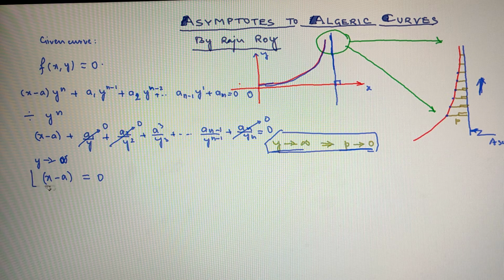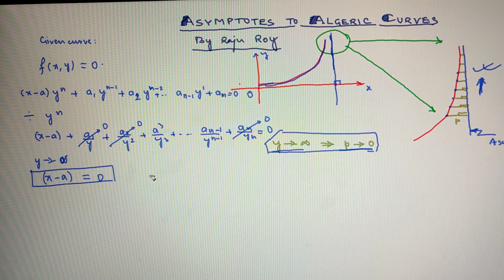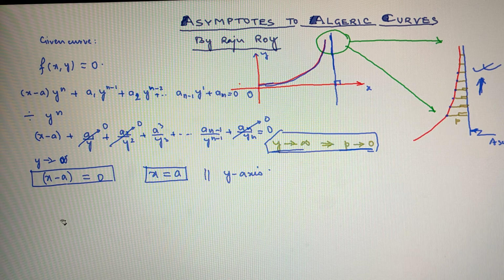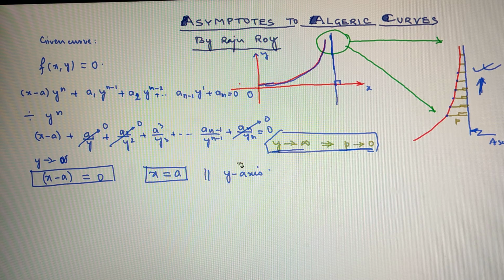So this will be the equation of this asymptote, that is x is equal to a, which is parallel to the y-axis. Similarly, we can find it out for the asymptote parallel to the x-axis also. This is the physical significance of the asymptote.